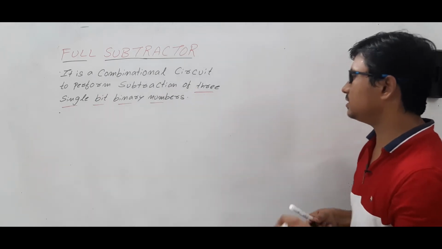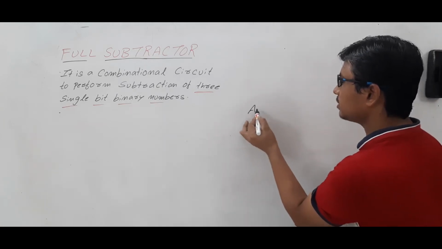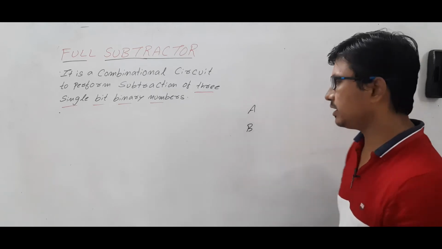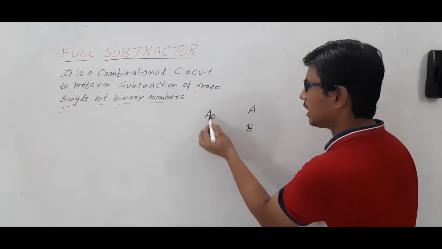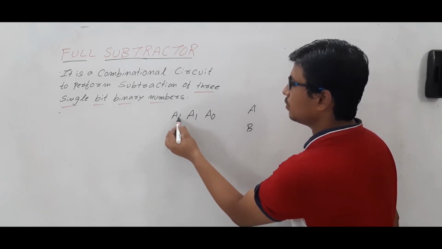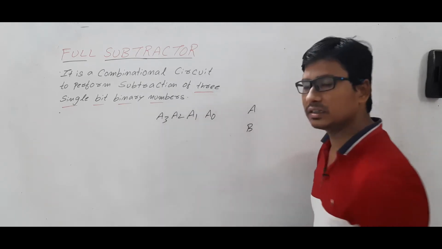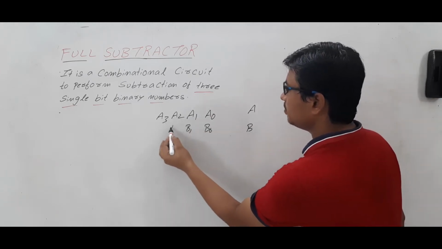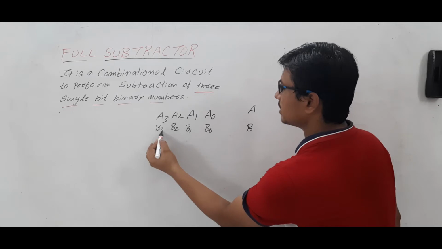Now if you see, I want to perform the difference between A and B. Now they are 4-bit binary numbers. So what I have to do is represent them as 4-bit binary numbers A0, A1, A2 and A3, and B0, B1, B2 and B3.